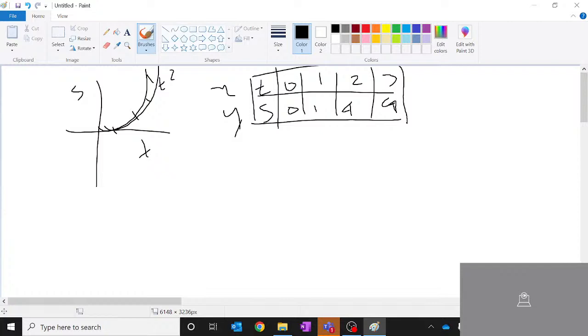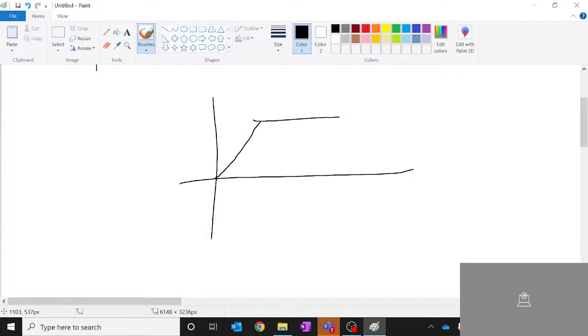Now similarly, there can be multiple scenarios. Let's say this is my time and this is my distance. Let's say this is a, this is b, and this is 5, 10, 15 on the time axis, and this is again 5.